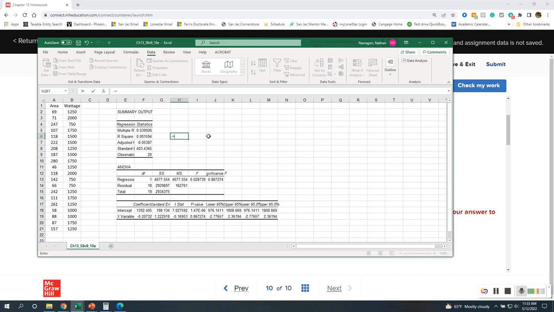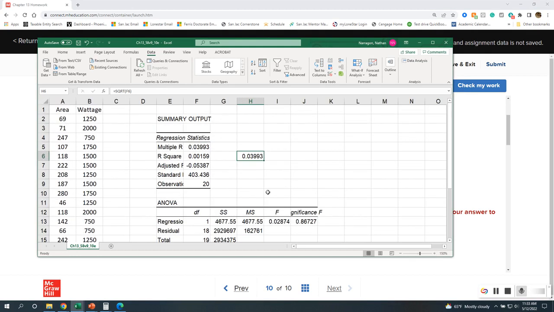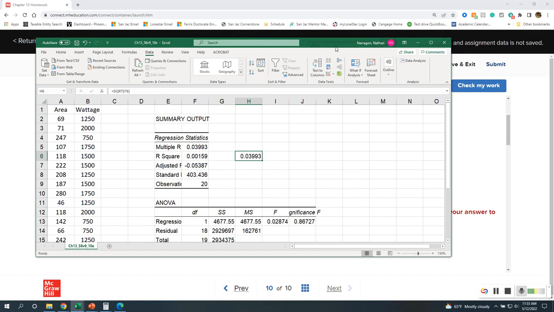So correlation coefficient, again we know, take the square root of our R squared and it's 0.0399.